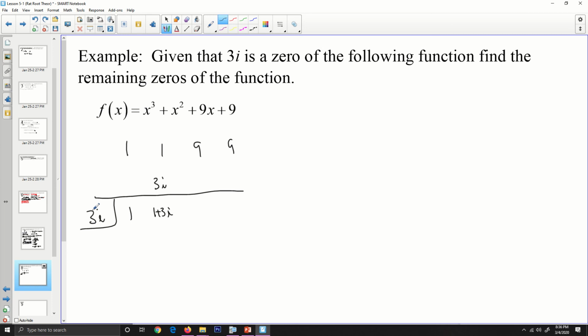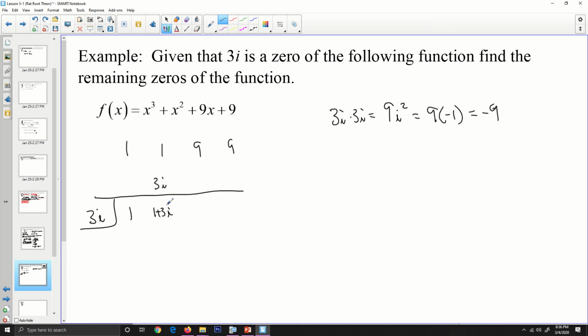I know that I've got to get some of this to cancel out, and I know that 3i times 3i is 9i squared, which is 9 times negative 1, and that gives me negative 9.